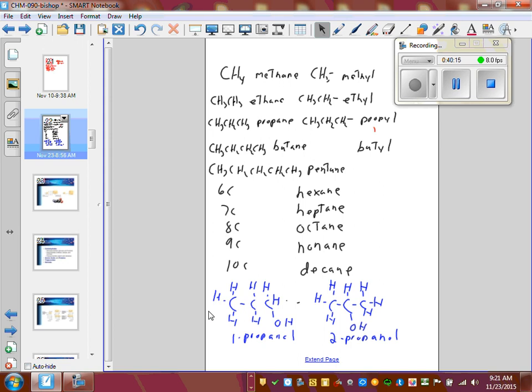Now obviously, as you get more carbons, it gets more and more complicated, but that's where it comes from. It's just a common name from when it first started out, and it just kind of stuck.